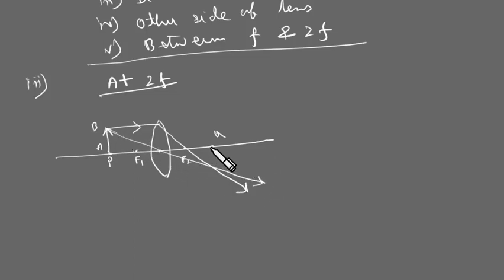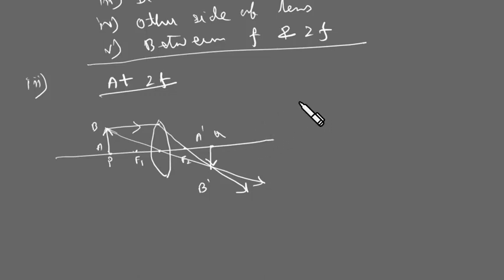This time the image will be formed here, which I will name as, of course, A prime, B prime, which is exactly at the 2F distance but on the other side of the lens. Alright, and of the same size as the object.